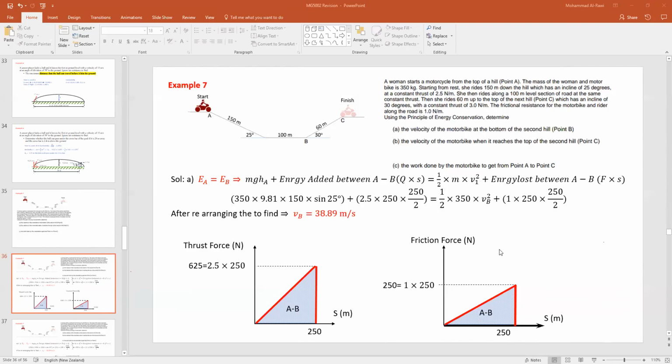So you're creating another triangle. To find the area of that, it's half of the base, 250, divided by 2, times the height, 250. And then you solve it, you get the velocity at point B is equal to 38.89.